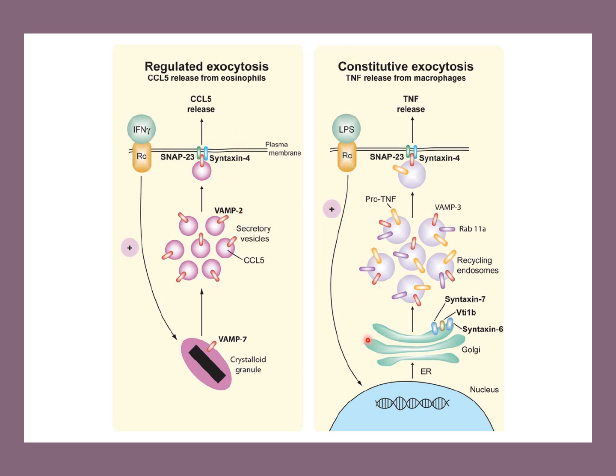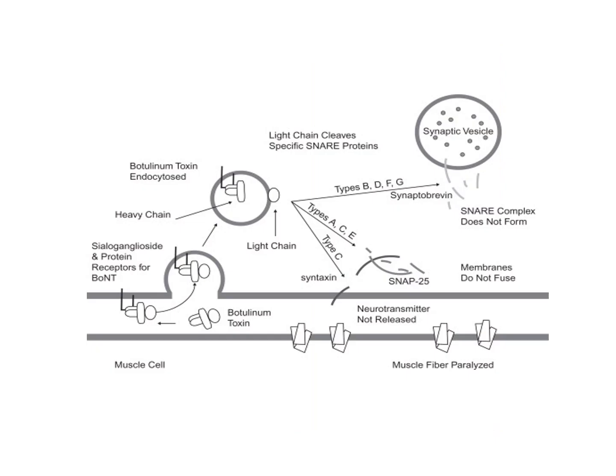The constitutive pathway involves the prompt transport of proteins to the cell membrane in vesicles with little or no processing or storage. So when processing is there, that is the regulated or non-constitutive pathway. When there is no processing, this is the constitutive pathway.